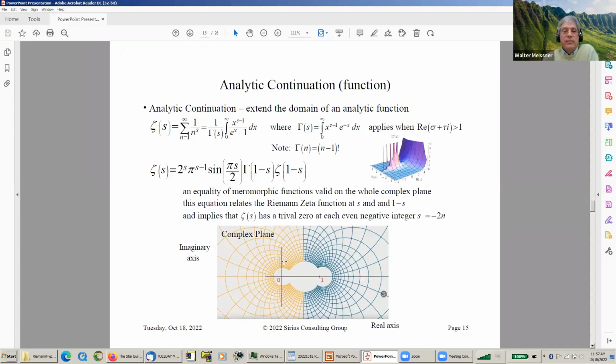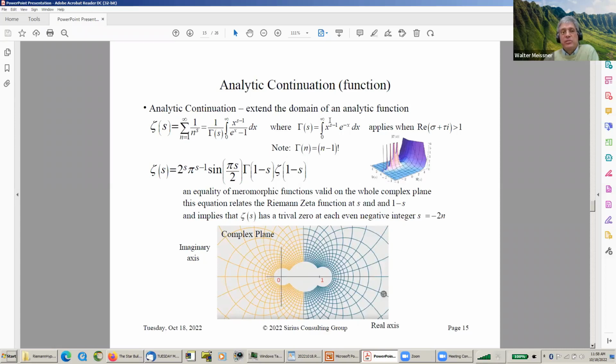Okay, now I'm not going to go through this in much detail, but I just want to show people what that function actually looks like. So they have zeta of s, the summation of 1 over n to the s power, and they've rewritten this in terms of the gamma function and this integral.